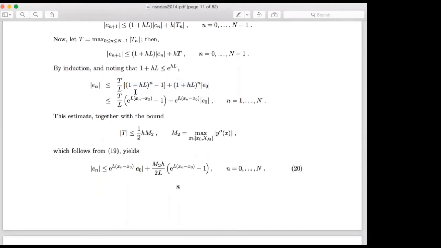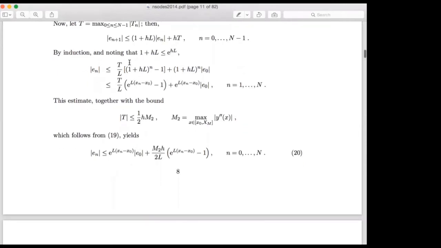And also we know that mod 1 plus hL is less than or equal to e raised to the power hL, by the formula of e power x. So then we replace this, (1 plus hL) to the power n will be less than or equal to e raised to the power nhL. Am I right?